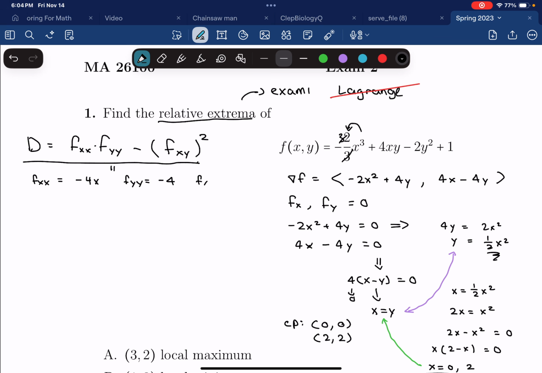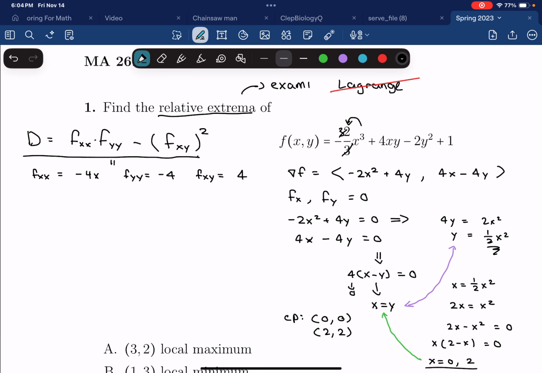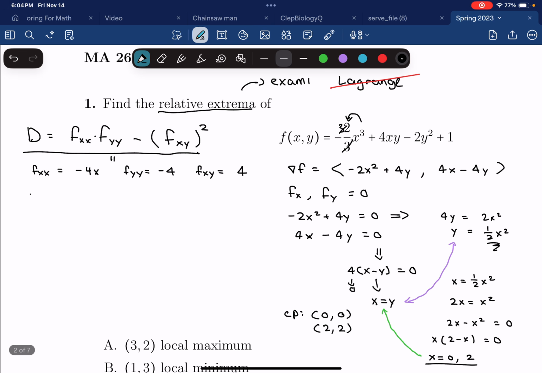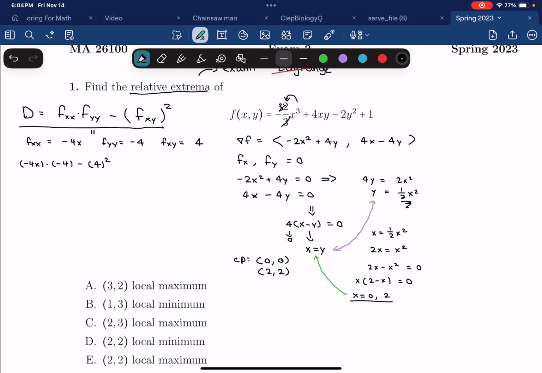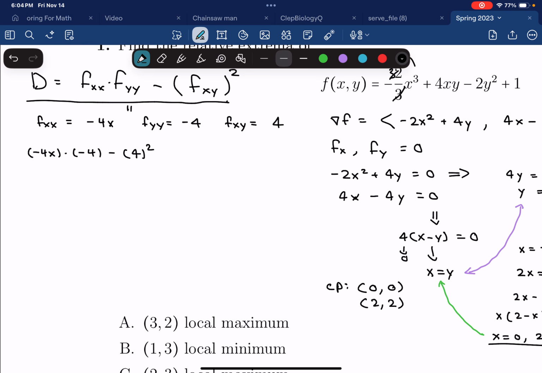Our mixed partial will be equal to 4. So let's set this up. Negative 4x times negative 4 minus 4 squared. Okay, so now let's evaluate them at (0, 0) and at (2, 2).